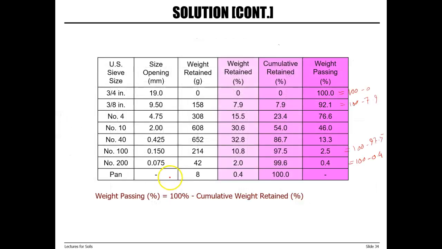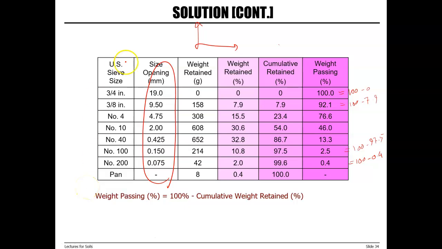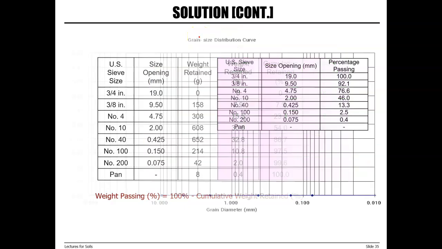And we use opening size as our horizontal axis. And then we use percentage passing as our vertical axis.